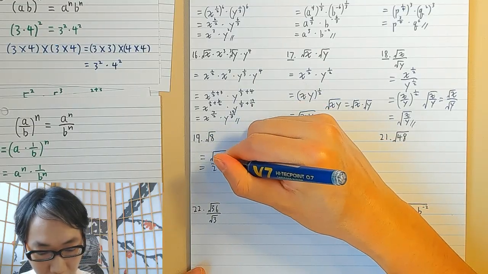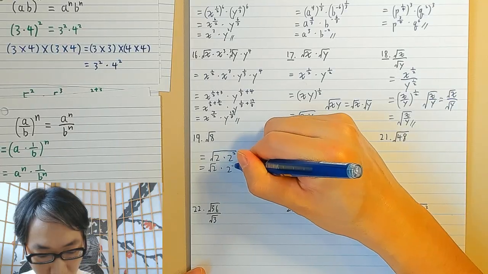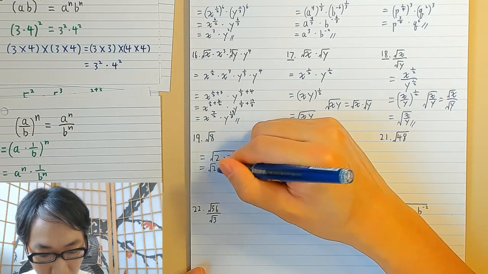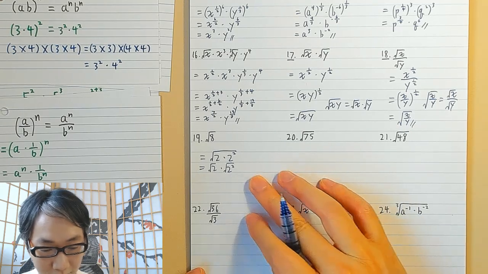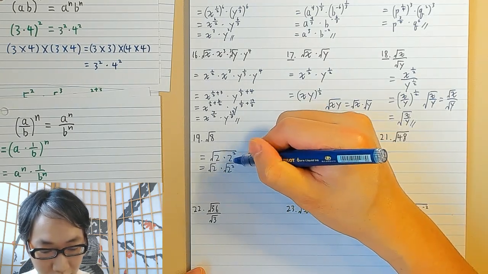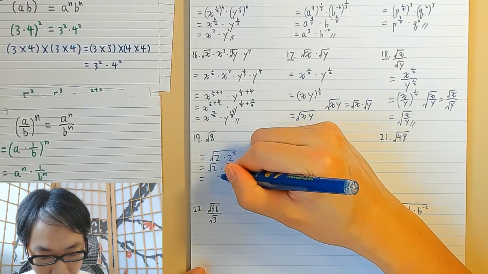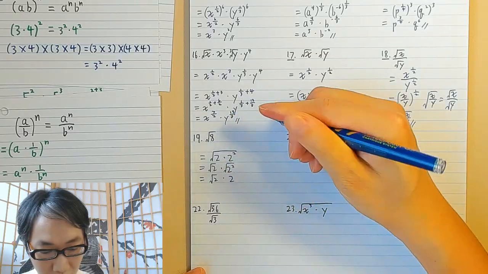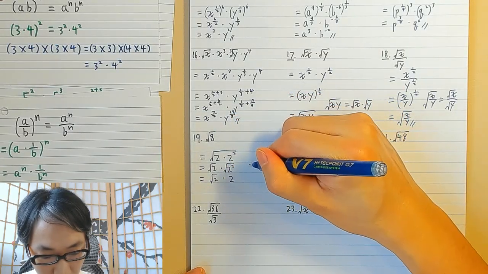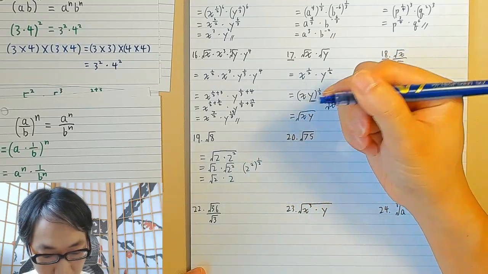So this is the square root of 2 times the square root of 2 squared. Okay. And this one we know how to solve because this is just 2. So the square root of 2 times 2 squared is equals to 2 squared to the power of 1 over 2.